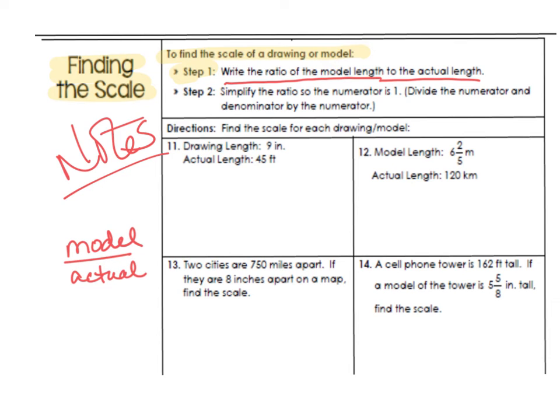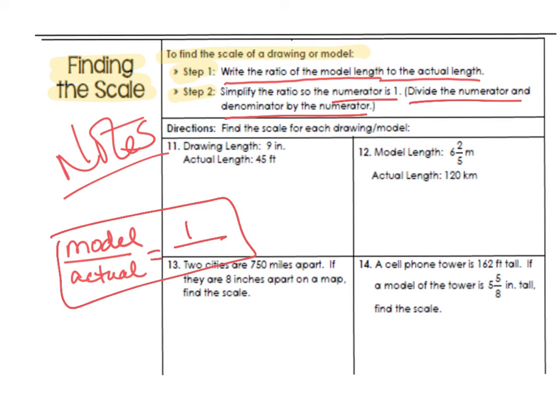Then step 2, we are going to simplify the ratio so that the numerator is 1. Generally, you're going to divide the numerator and the denominator by the numerator. You're going to see as we go over it. But this is how we set it up.